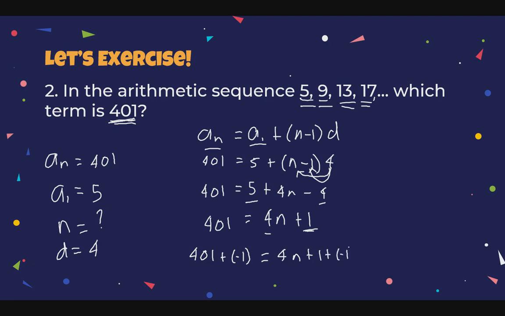So kapag inadd natin ang 1 sa negative 1, 0 na po yan. Ang matitira sa right side ng equation natin is 4n. Samantalang sa left side naman is 400. And 400 equals 4n can be rewritten as 4n equal to 400.